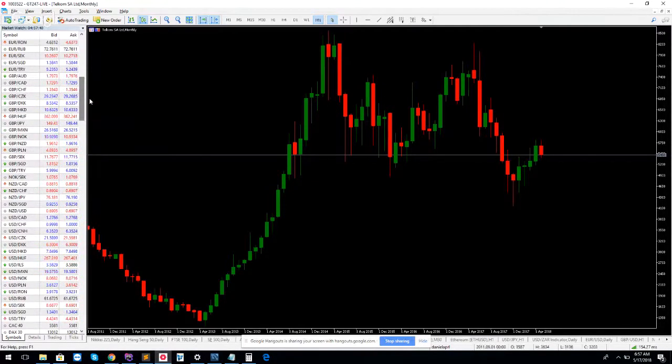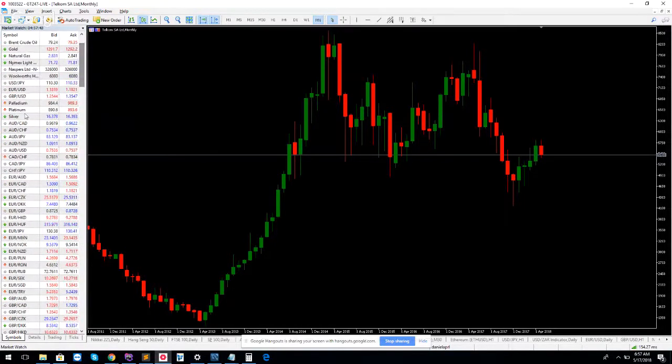You can also trade forex pairs. We can go and find commodities, which is gold, silver, platinum. So you have multiple different instruments that you can trade. All of them are a price representation of that instrument, and all of them you can long and you can short.